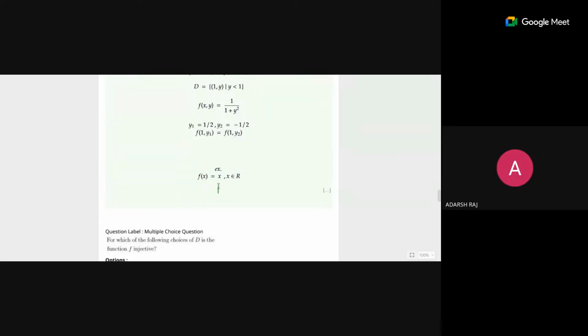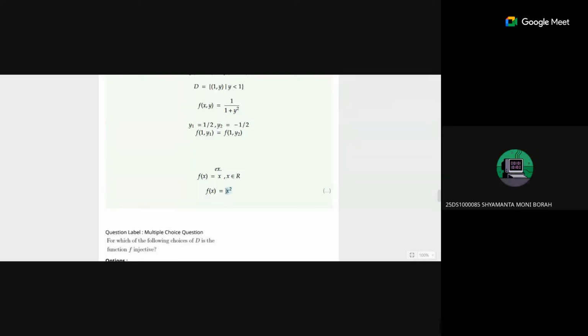Okay, I will check another function, x square. Is this function one-one or not? No, sir, because for two values of x, minus one and one, we get the same output, one. But is it onto?